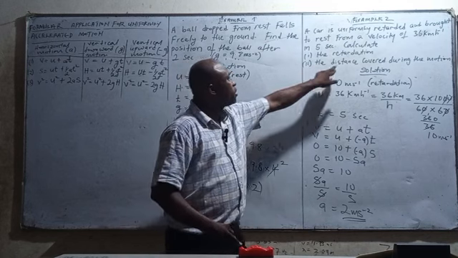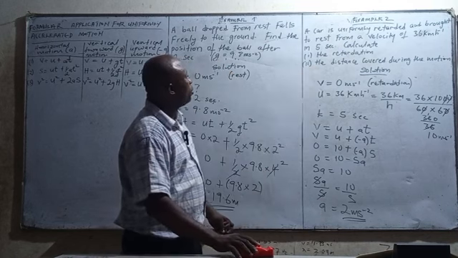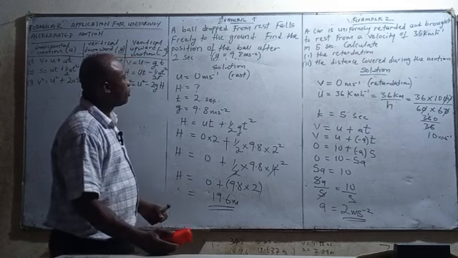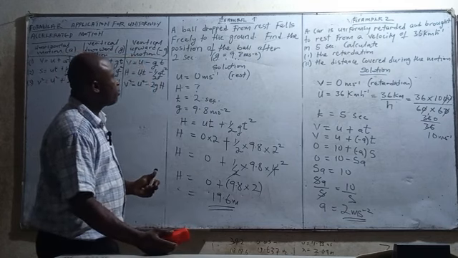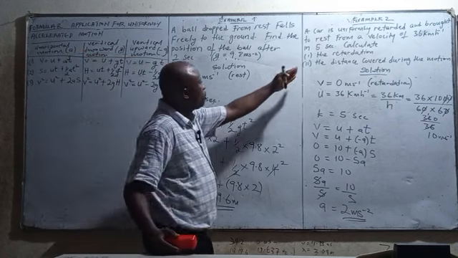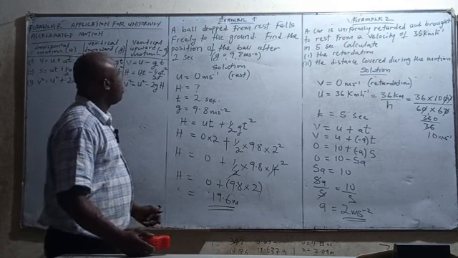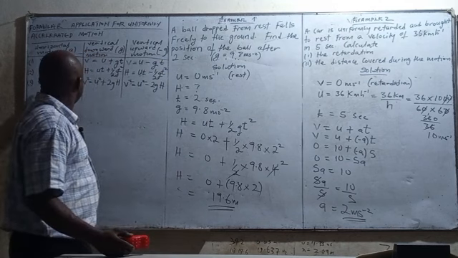Number 2 says, find the distance covered during the motion. It's still a retarded motion, right? So we are going to use our equation here.